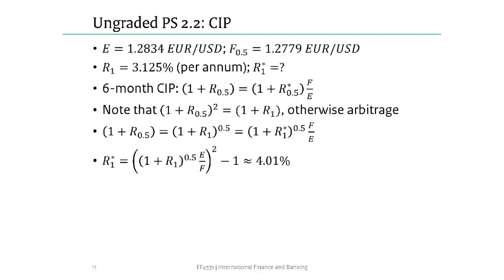Well, we note that we can actually derive our R0.5 from R1 if we note that if we basically put money in a 6-month deposit and roll it over, that should give us equivalent to the periodic return of 1 year, right?